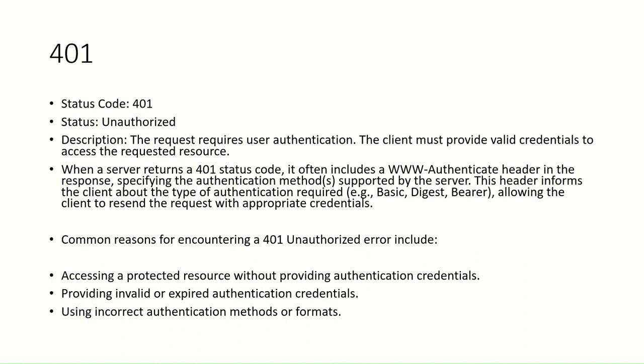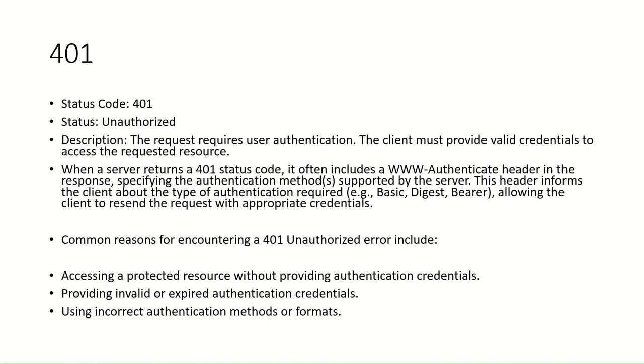So let's say you are going to hit the API using a bearer token in order to access that API, and you are not setting that token. In that case, you will get 401. The common reasons for encountering a 401 unauthorized error include accessing a protected resource without providing authentication credentials, providing invalid or expired credentials or token, and using incorrect authentication methods or formats. So these are the possible reasons you will get the 401.